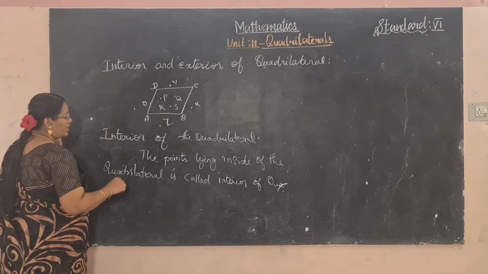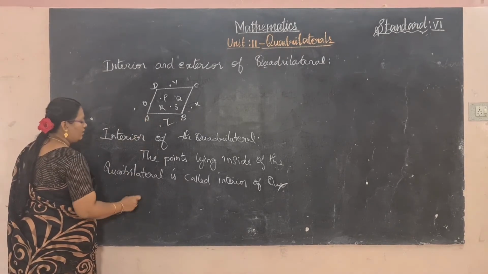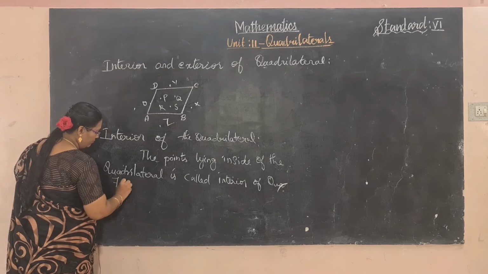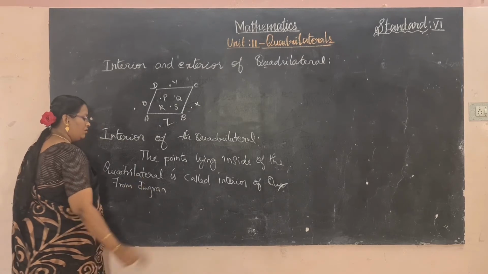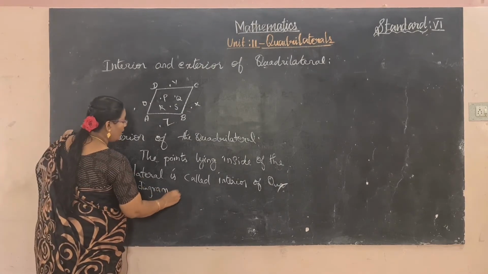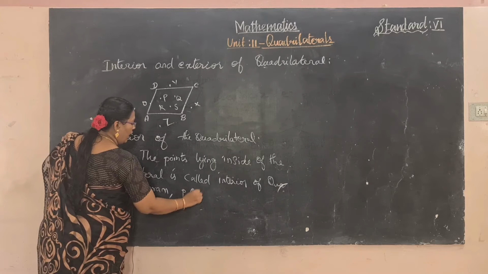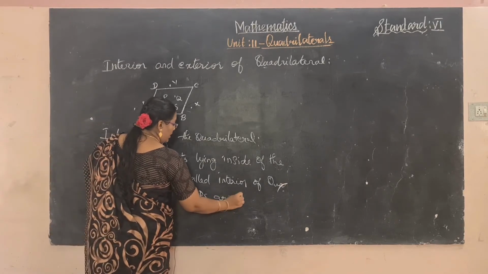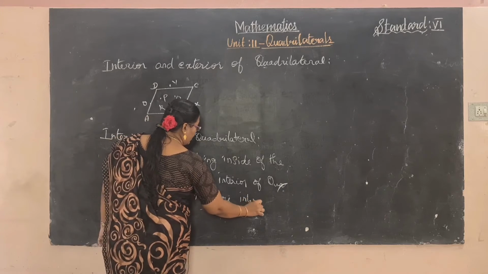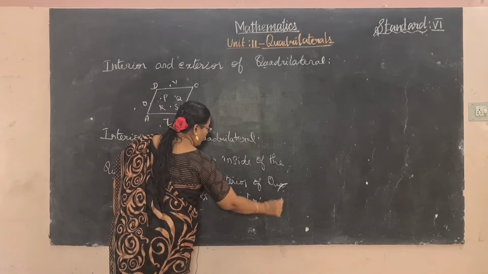Which are the points lying inside in this diagram? From the diagram, P, Q, R, S are the interior of the quadrilateral.